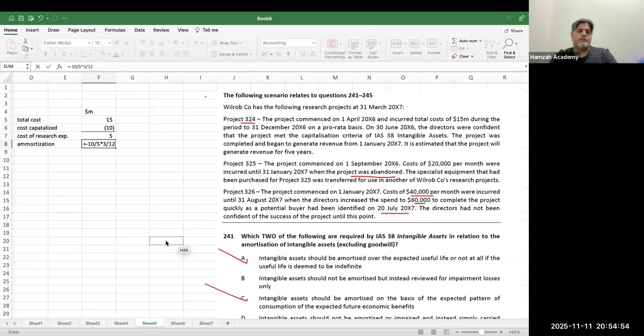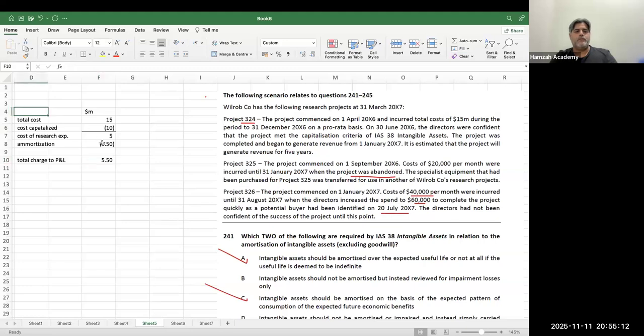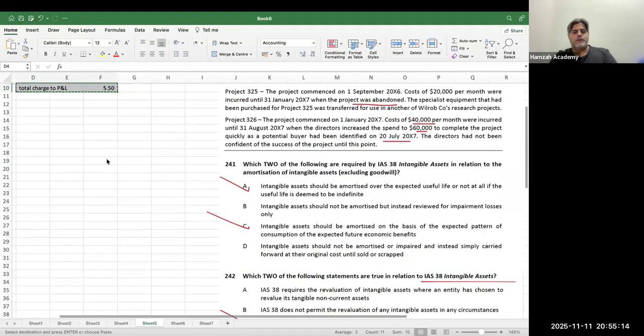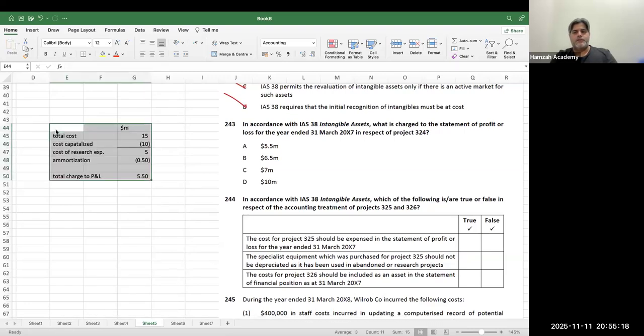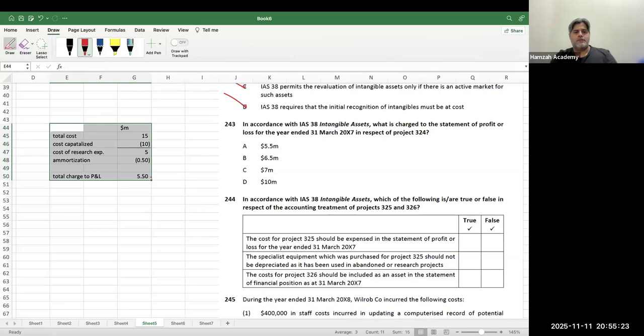It's 3 by 12, so it's 1 million. Technically 0.5. So the total charge to P&L is 5.50. So I'm going to take it down here. So 5.5 is what we are going to have as our answer, option A.